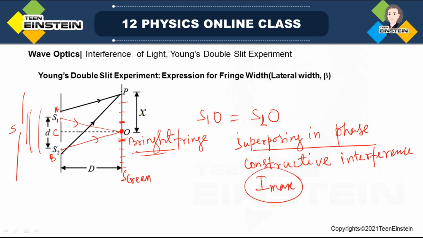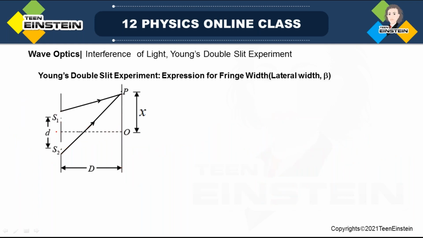But where will be bright and where will be dark? How do we get this idea? Suppose I take a very general point P on the screen, at x distance away from the central point. You can think of this as the origin, and from here the upward direction let us take as positive x.